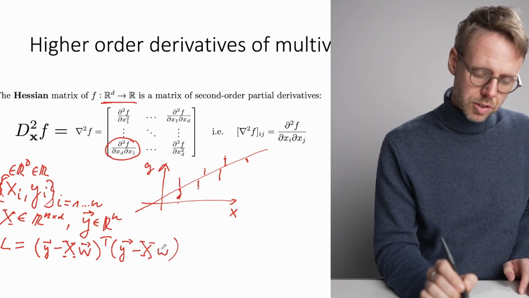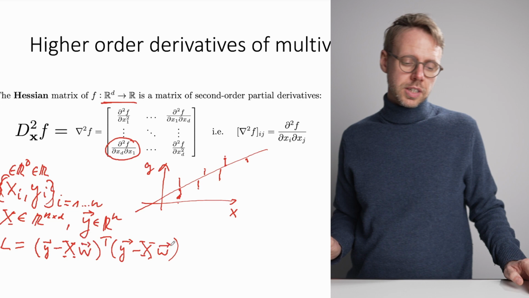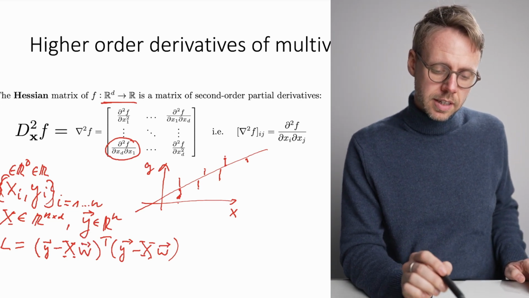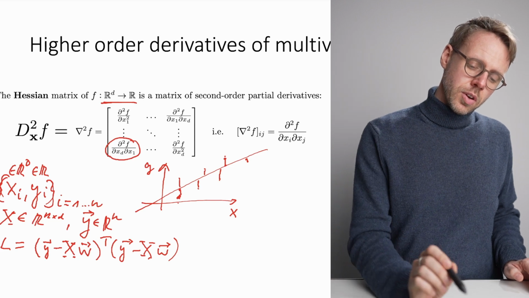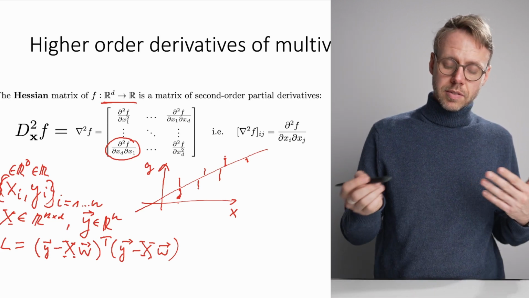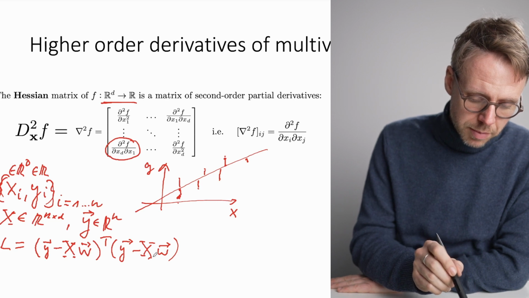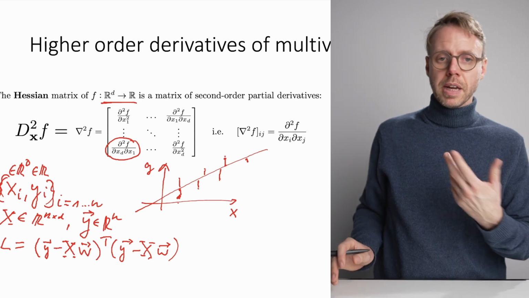So w, of course, is also a vector because it has as many entries as we have dimensions in x, the weights for the individual dimensions. And summing up these dimensions can be represented by this matrix vector product.